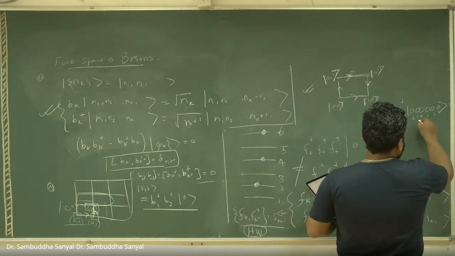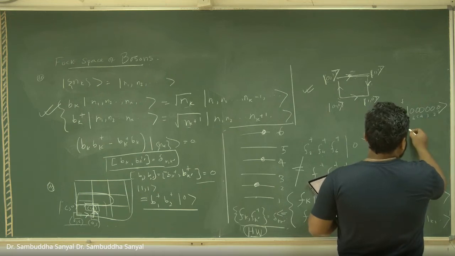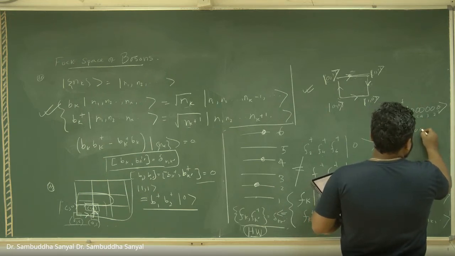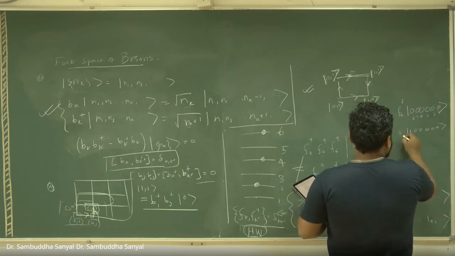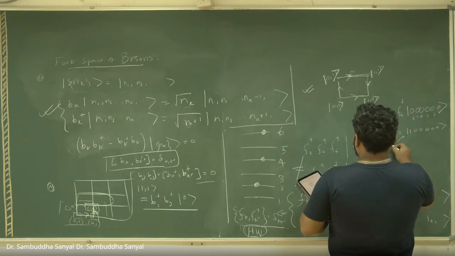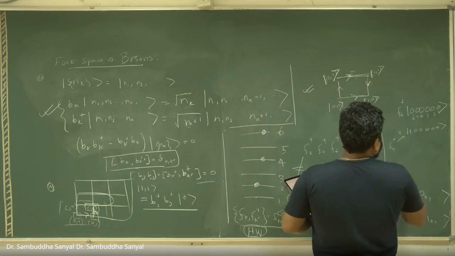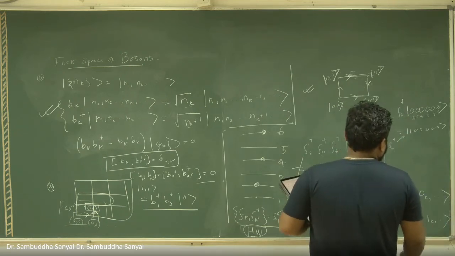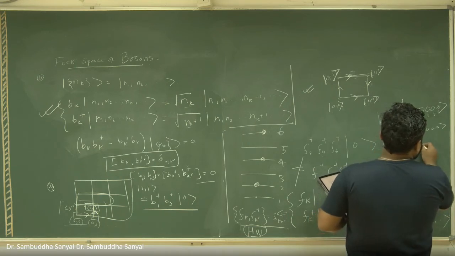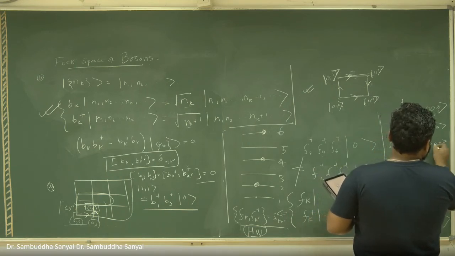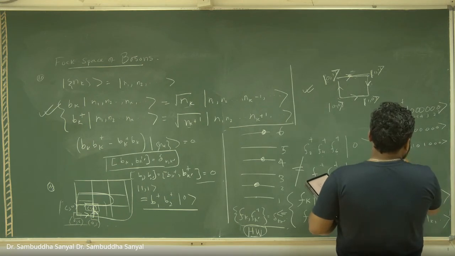So you have all 0. So what you get is 0, 0. Okay. Then you act F4. So you get 1, 0, 1, 0, 0, 0. Then you act F2.